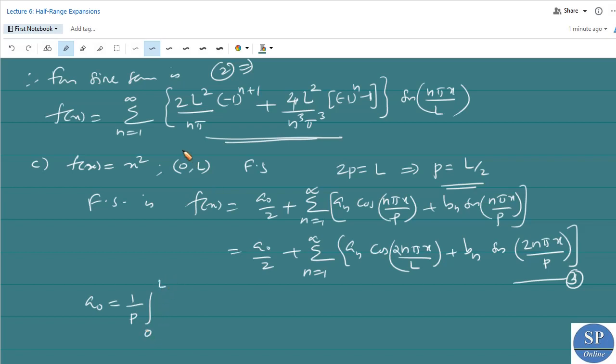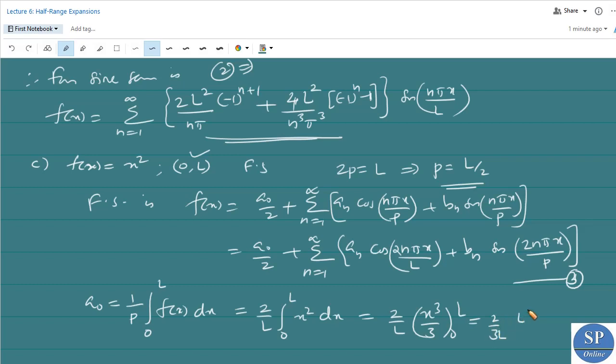Here the interval is 0 to L. With P equal to L by 2, that is 1 by L by 2, that is 2 by L into integral 0 to L of f of x, which is x square, dx, which is equal to 2 by L into x cube by 3 from 0 to L, that is 2 by 3L into L cube, that is 2L square by 3.